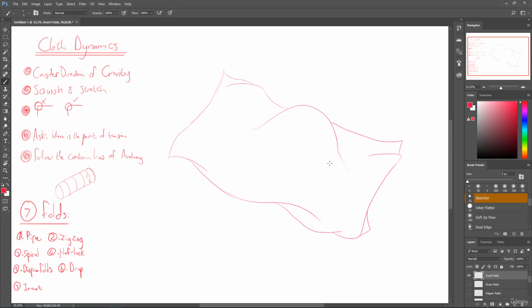And our ball's under here, so we would have drop fold like lines as the fabric fights its way down over the ball. But then we have these other folds that happen where the cloth bunches up on itself. And we can then add some of these shaded zones just to emphasize the scrunching of the fabric.